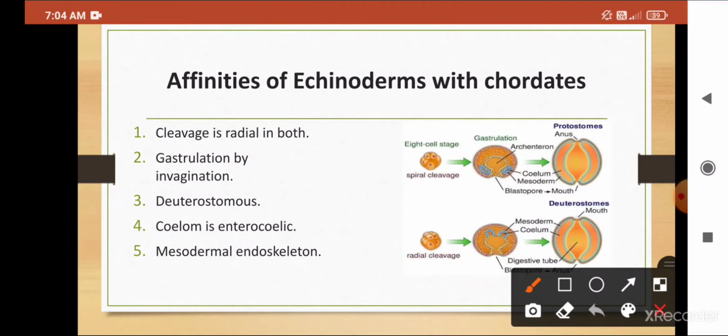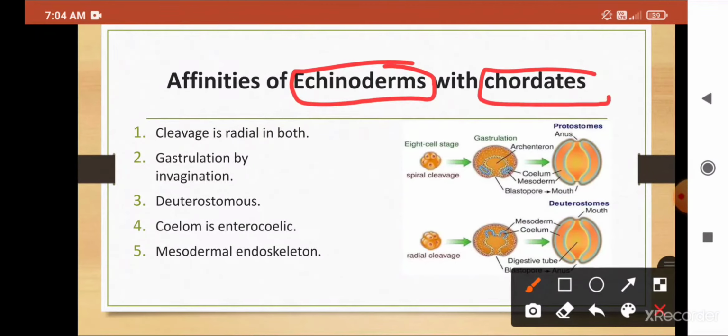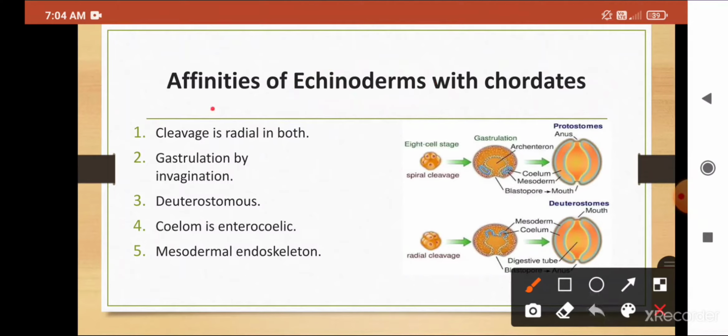Look at this. If we look at the cleavage of echinoderms and chordates, what we can observe is that cleavage is radial.